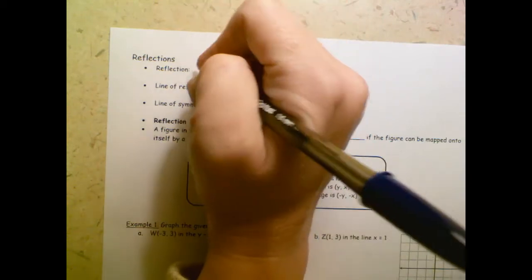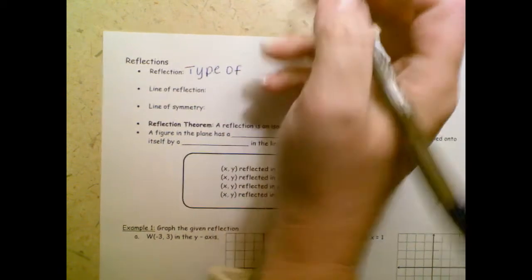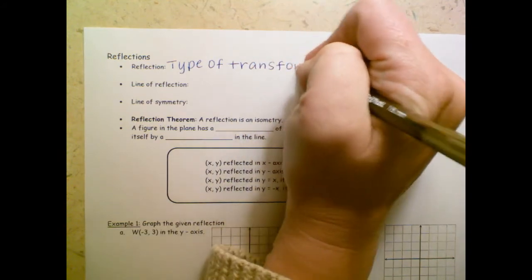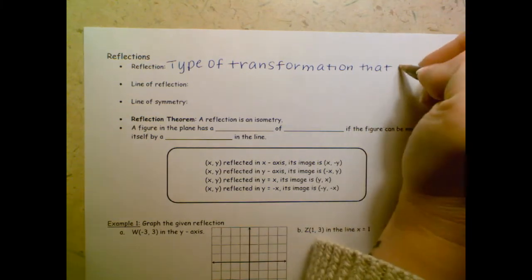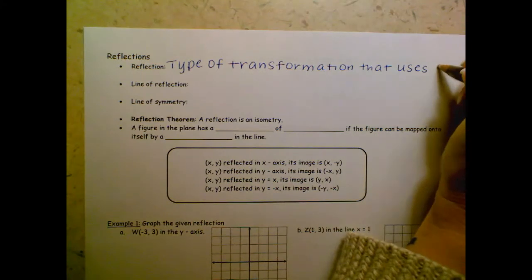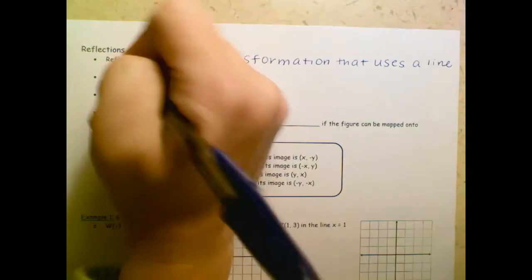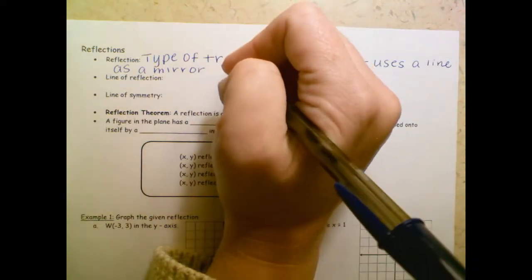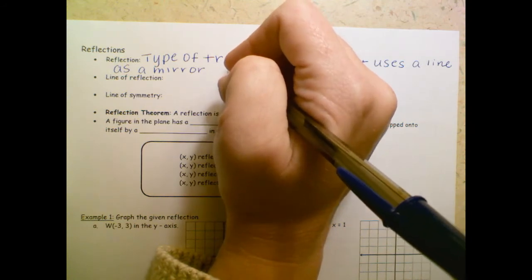We're going to talk more about all of this, but it's a type of transformation that uses a line as a mirror to reflect an image in a line.